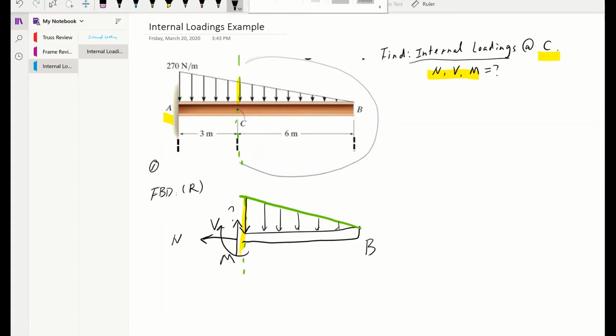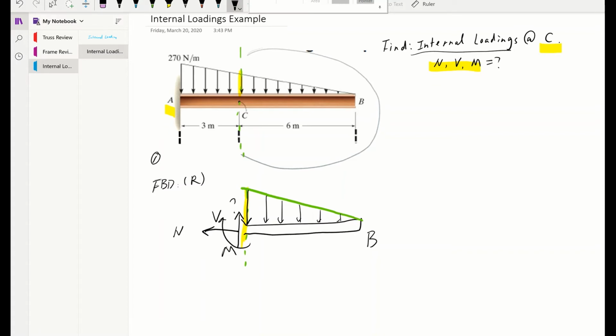Now we have that, we can go ahead and try to solve those three unknowns. This is a 2D equilibrium problem, like we learned in statics. For 2D, you can solve three unknowns, so we can definitely solve them. Now let's do this.